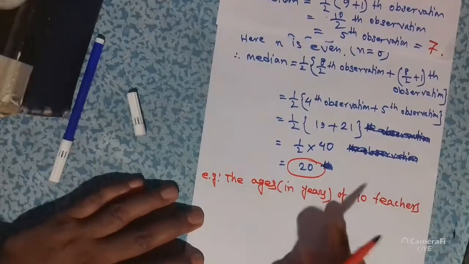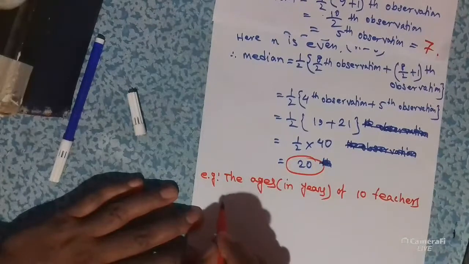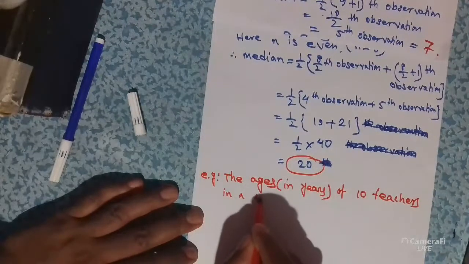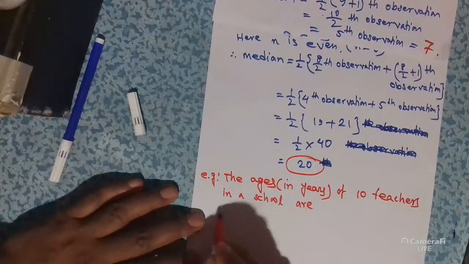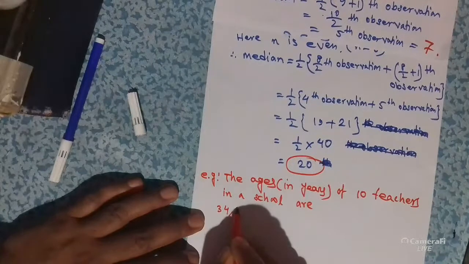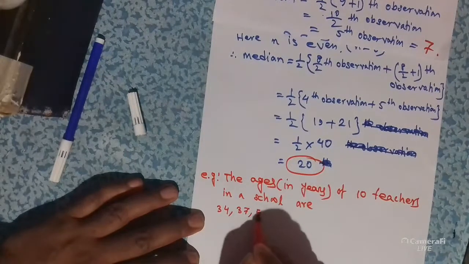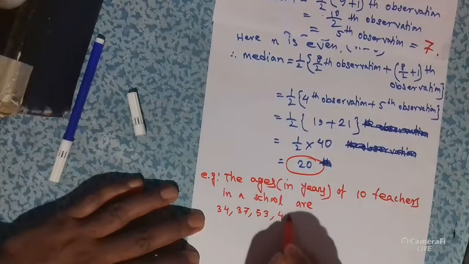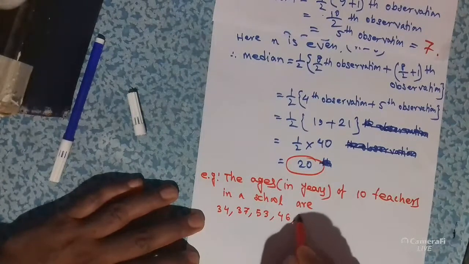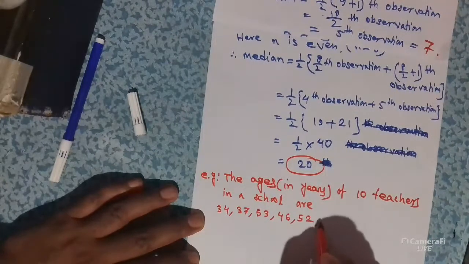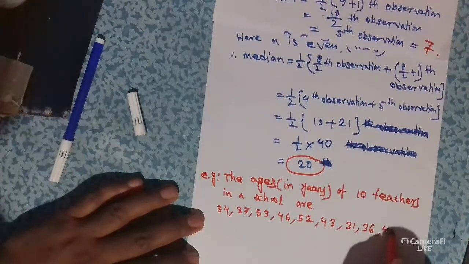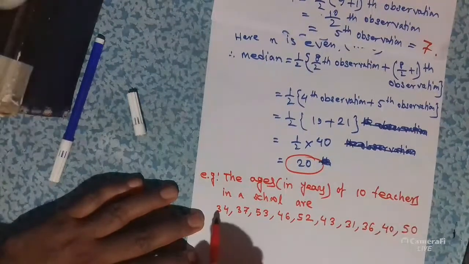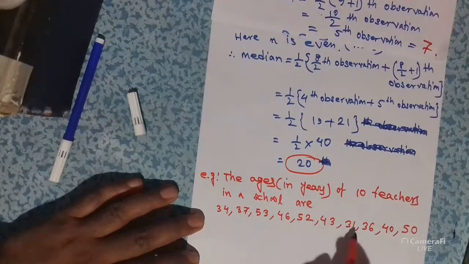The ages of 10 teachers in a school are 34, 37, 53, 46, 52, 43, 31, 36, 40 and 50. 1, 2, 3, 4, 5, 6, 7, 8, 9, 10.